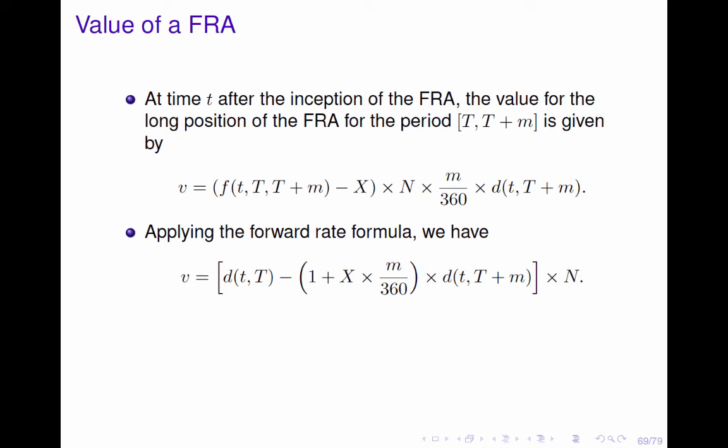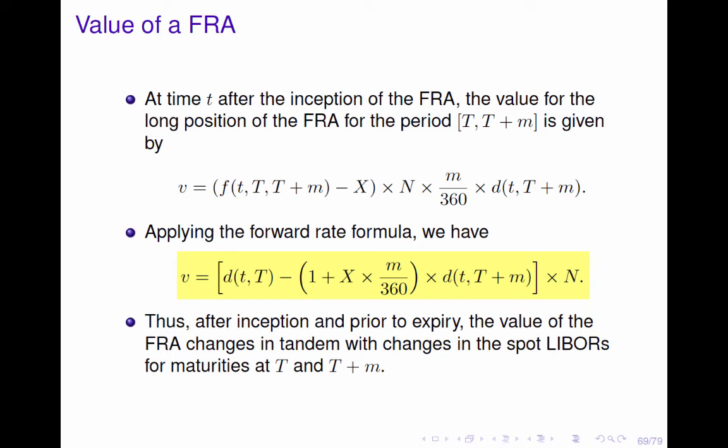Substituting the forward rate formula into the above expression, with some algebraic manipulation, we get the following alternative formula. And from this expression, we can see that the value of the forward rate agreement changes in tandem with changes in the spot LIBORs for the maturities at capital T and capital T plus M.